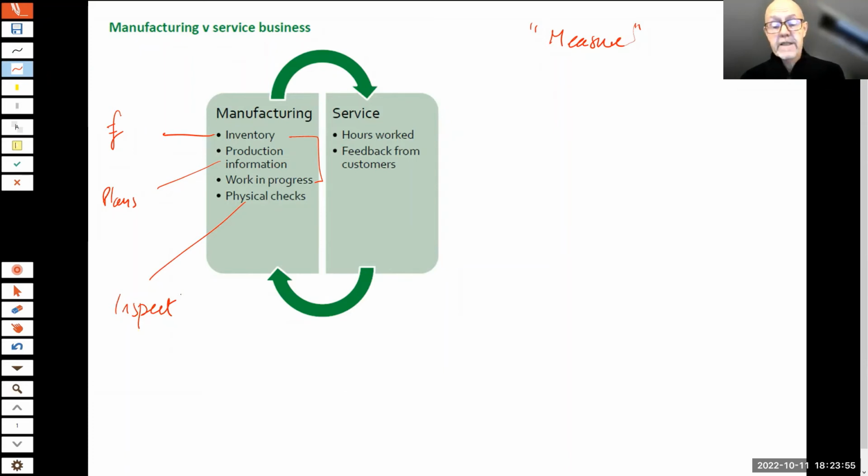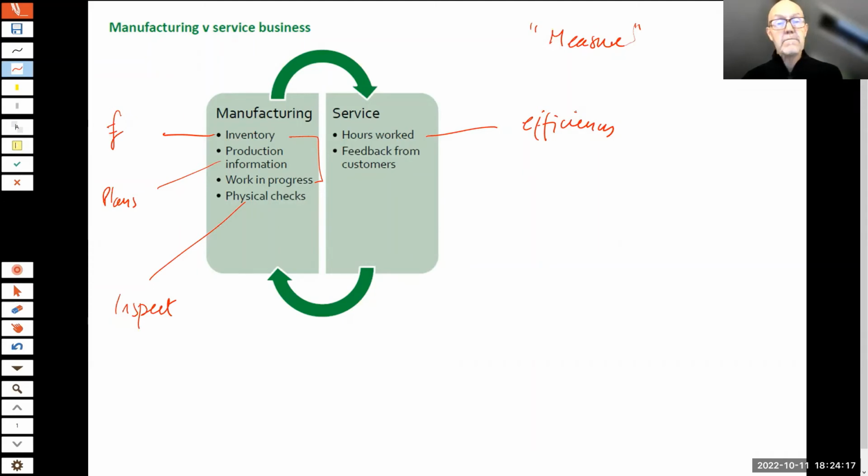By contrast, a service business doesn't typically have a product. So what we look at is the efficiency with which we deliver the service. How many rooms can a hotel chambermaid clean in a day?